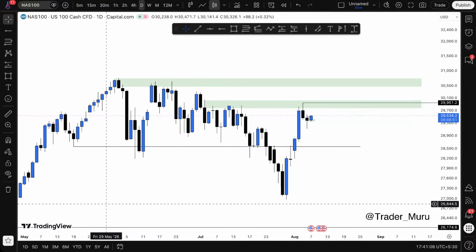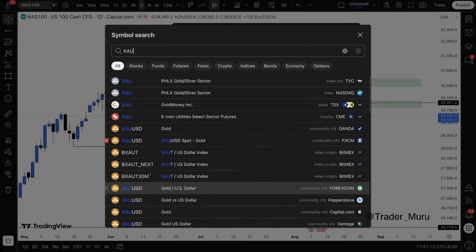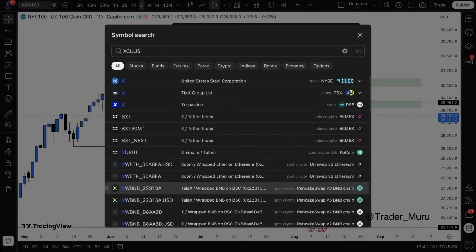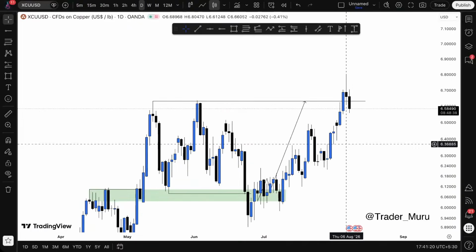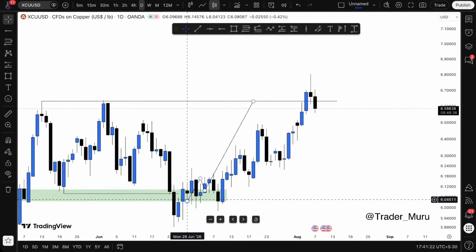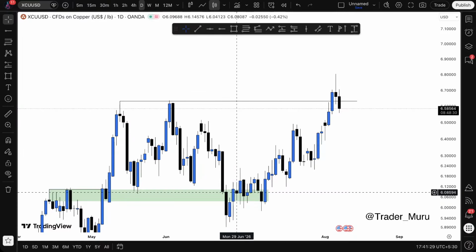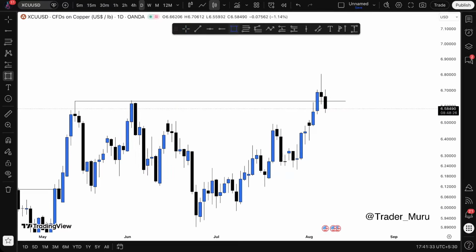Review copper as well. Copper has finally hit as a target, brother. This was our target in copper. From here we were bullish. Now we have a new breakout structure. So what will happen here? This is your mitigation block.